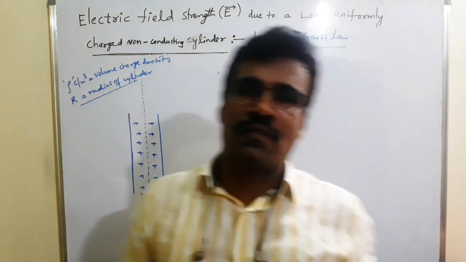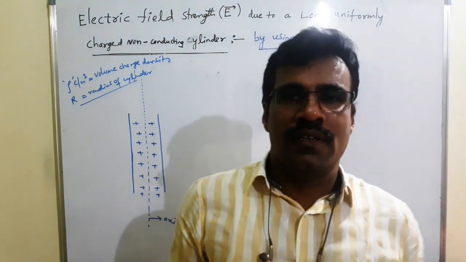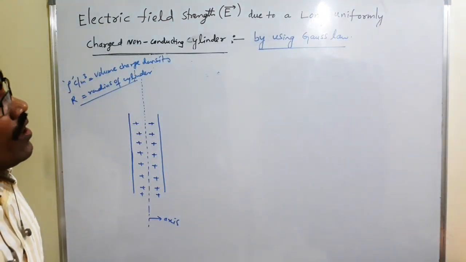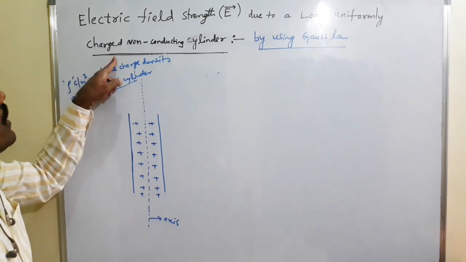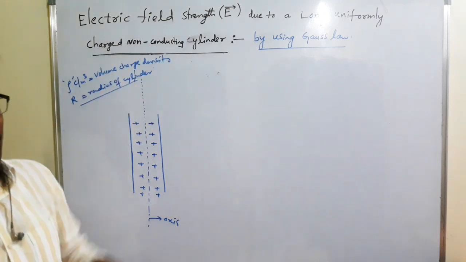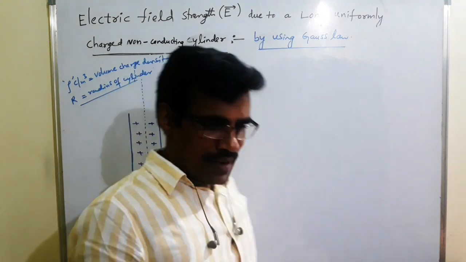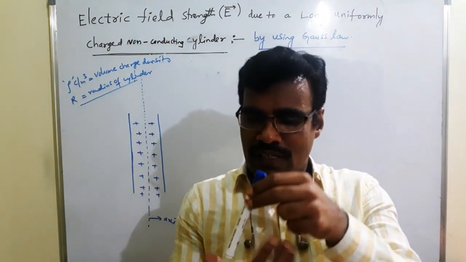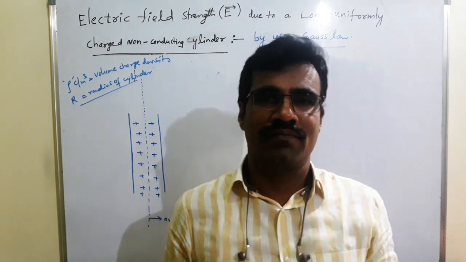Hello students, we are going to discuss electric field strength due to a long uniformly charged non-conducting cylinder. For a conducting cylinder, the charge resides on the outer surface only.